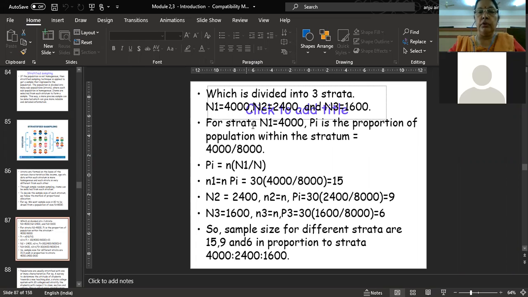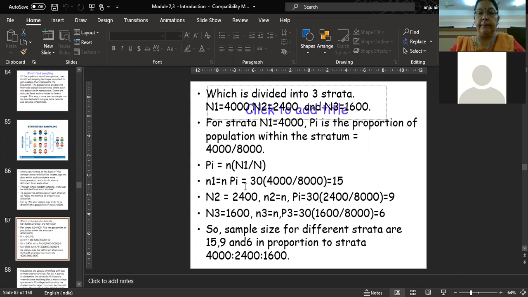So for your stratum N1, 4,000, what is the formula you should apply to draw the sample from that stratum? So you take n1 is equal to n into brackets capital N1 divided by N. So here small n1 is the sample from the first stratum, and small n is your sample size which you want.